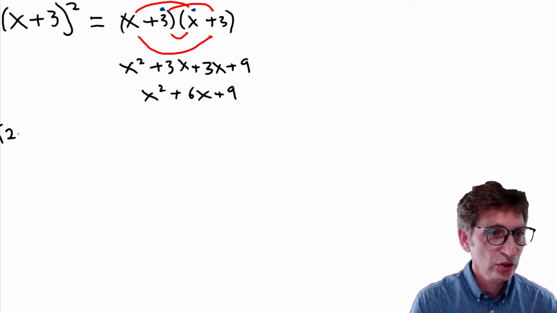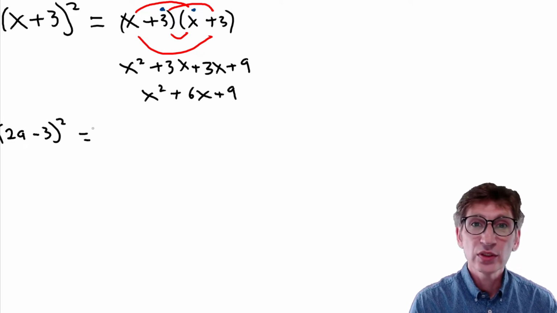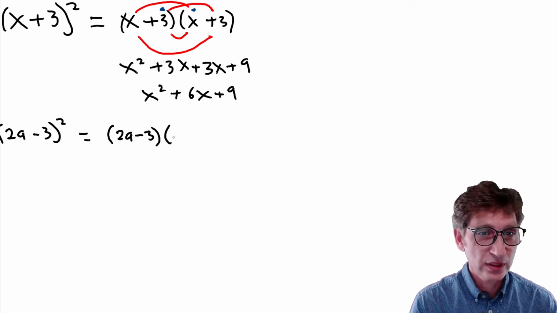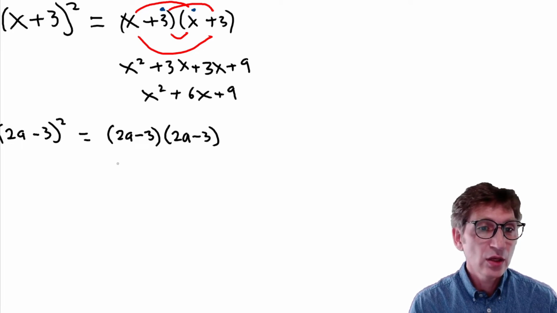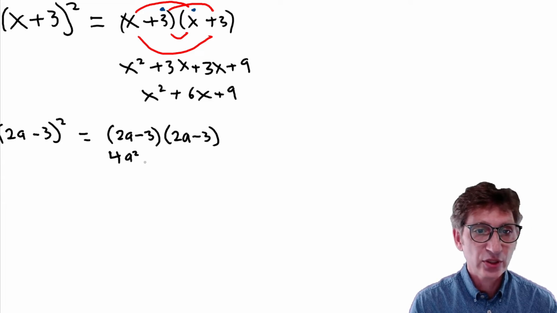How about 2a minus 3 squared? Well, we can do the same thing we've been doing. Write this as two binomials next to each other, so we can then apply FOIL. 2a times 2a is 4a squared. The outer terms, 2a times negative 3 is negative 6a.